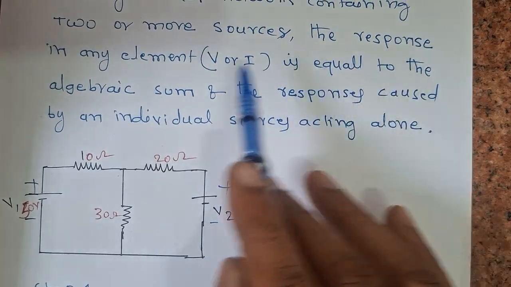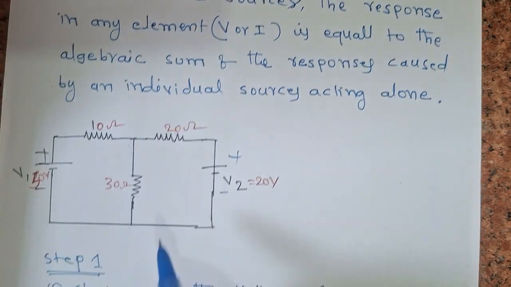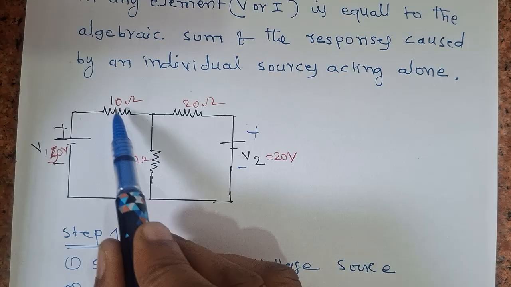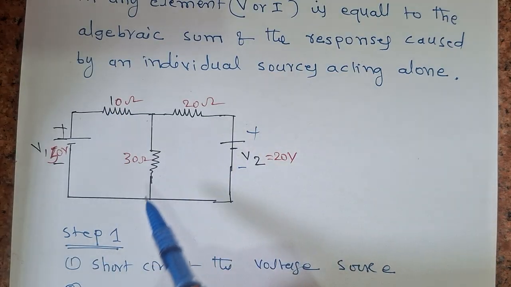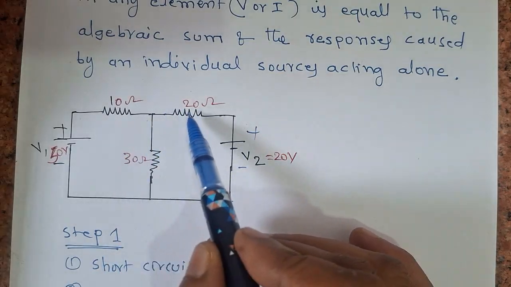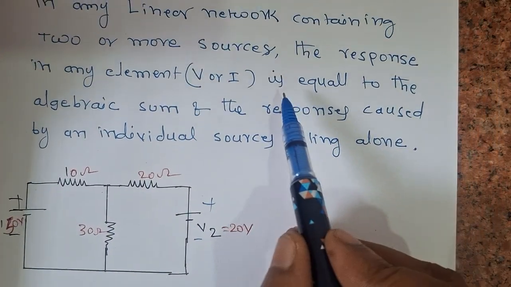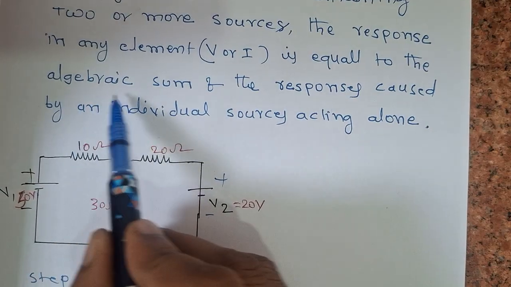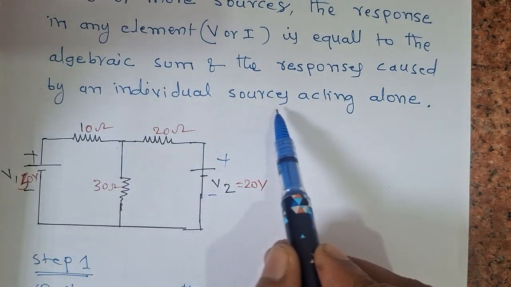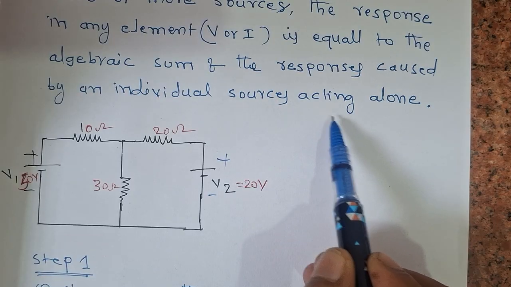Then the response in any element means what? The response in any element, the 2 ohm, 10 ohm, 20 ohm or 30 ohm resistance, is equal to the algebraic sum of the responses caused by an individual voltage source acting alone.